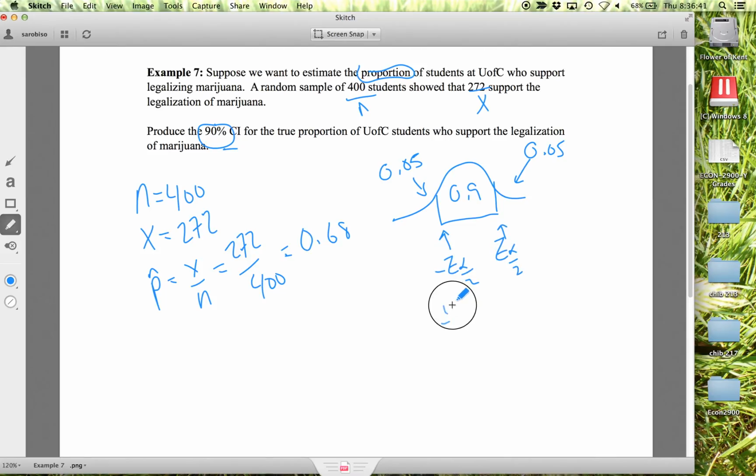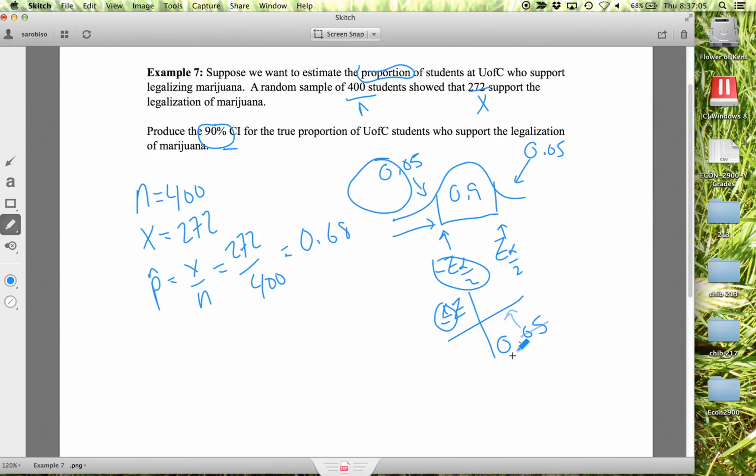Okay, a few ways to do this. You could either do this with Minitab or with your z table. Your z table, of course, is a cumulative distribution. It starts from the left and goes to the right. So if we're looking up this 0.05 value, then we would like to find here this negative z alpha over 2 value.